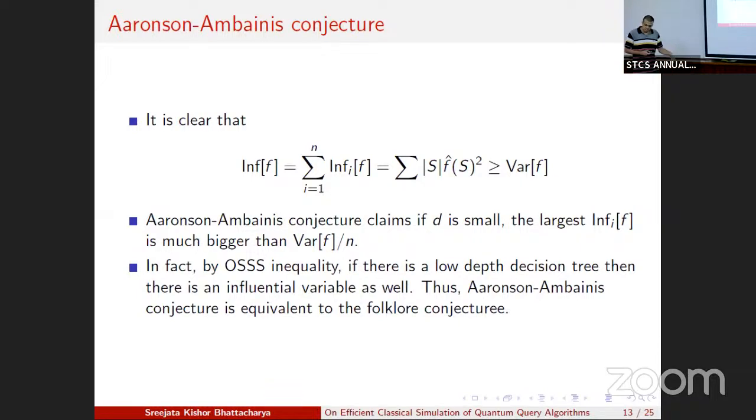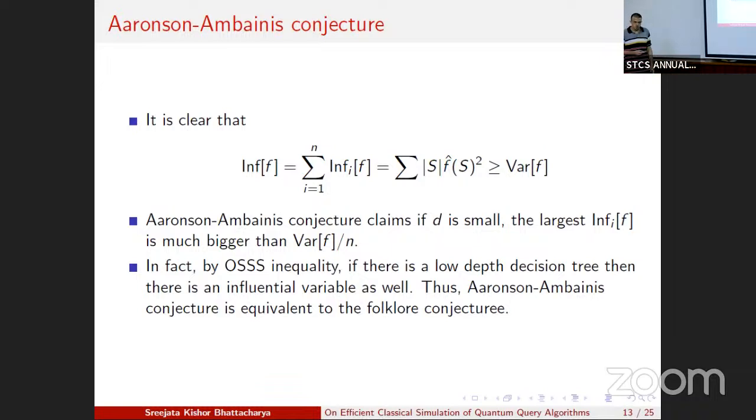So from the definition of total influence, it follows that there is a coordinate whose influence is at least the variance of f divided by n. But what the conjecture states is that you can get a lower bound on the maximum influence that is actually independent of n. It depends only on the degree and variance, and that too only polynomially.